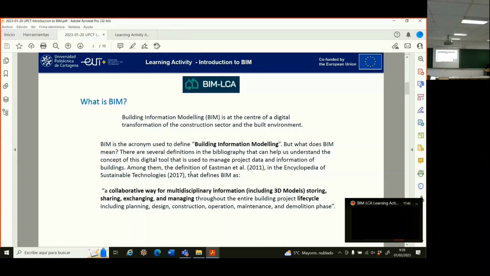So BIM is a collaborative way for multidisciplinary information, including 3D models, because a 3D model of a building or construction is also information. A way for information storing, sharing, exchanging, and managing through the entire building project life cycle, including planning, design, construction, operation, maintenance, and demolition phases.